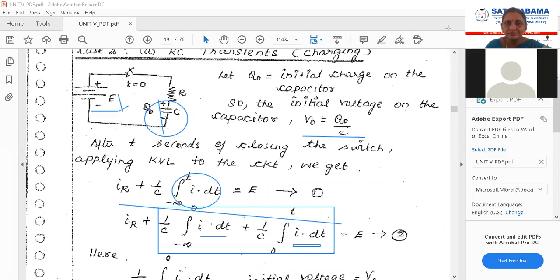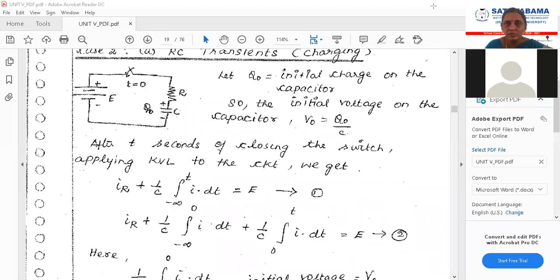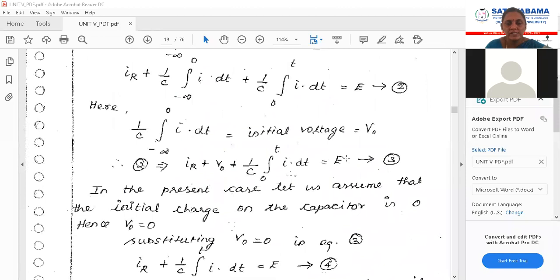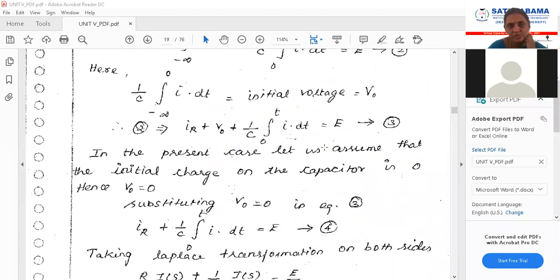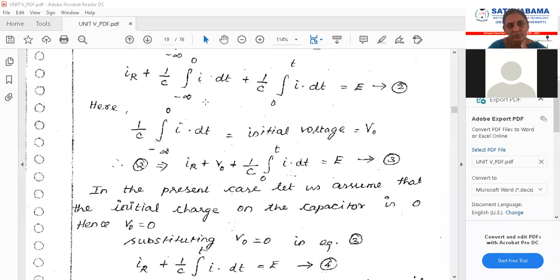Now substituting the value of the initial voltage. The integral from minus infinity to 0, here we are going to substitute V naught.